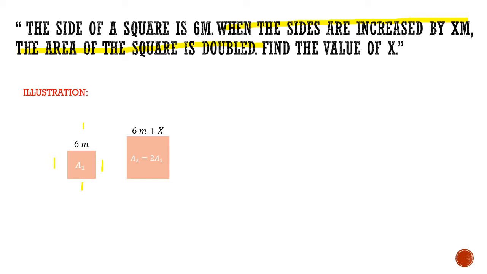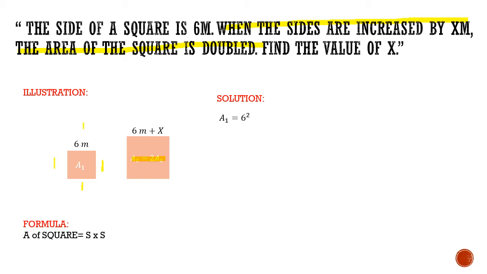So, kaya meron tayong area ng 2, or the new square, said that the area is doubled. So, meron tayong 2A1 at meron siyang side na 6 meters plus x. And for the formula, as we all know, area of square is equal to side times side.